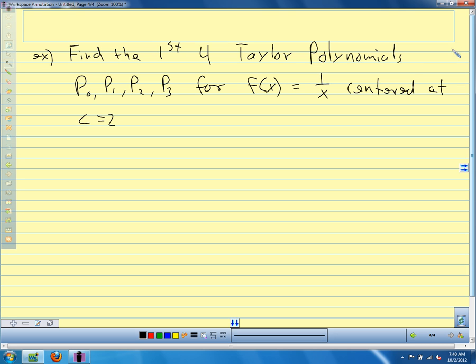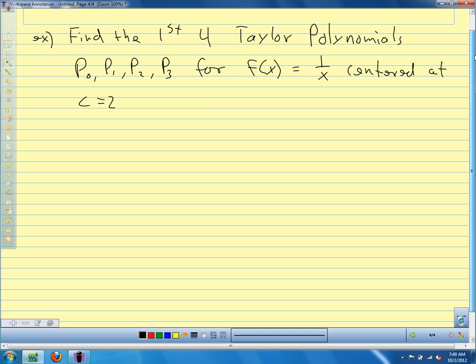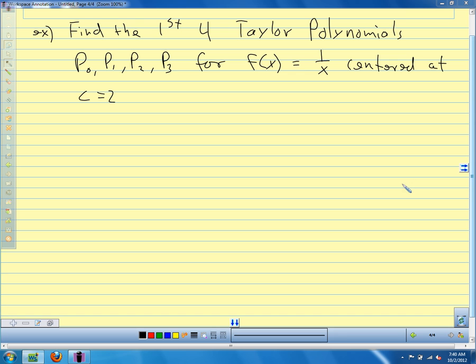The way I usually do these, the little format that I usually use for finding these coefficients, is first I make a column for my function, and then I do my derivatives. To get my four Taylor polynomials, P0 through P3, I need 3 derivatives.